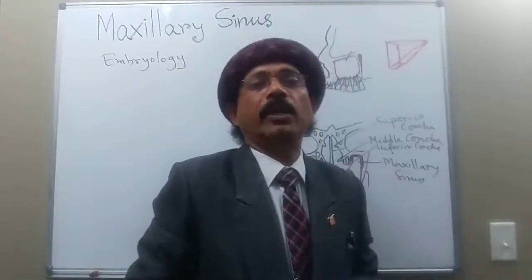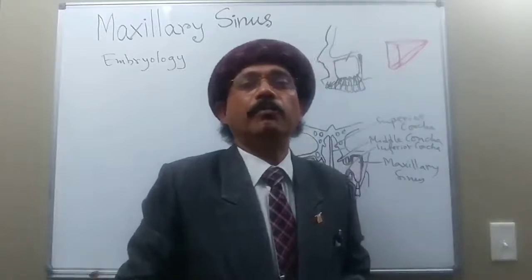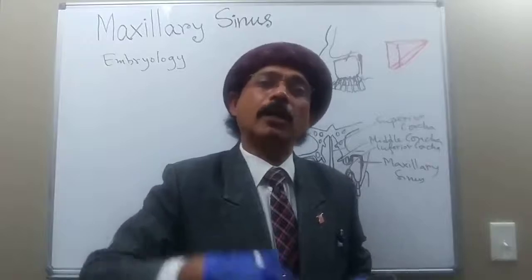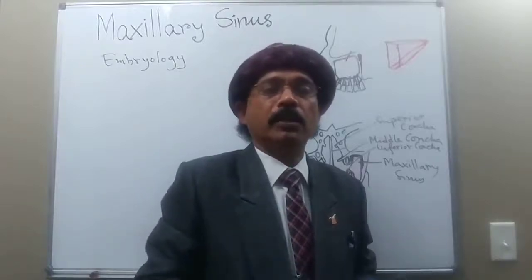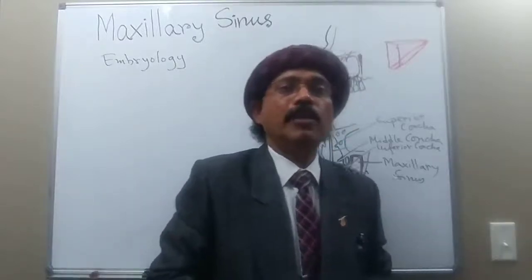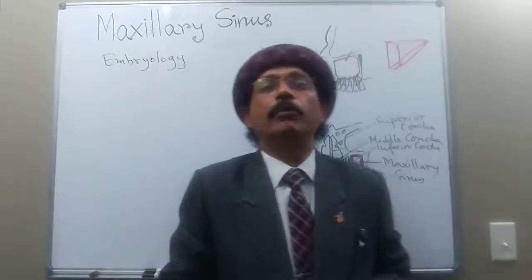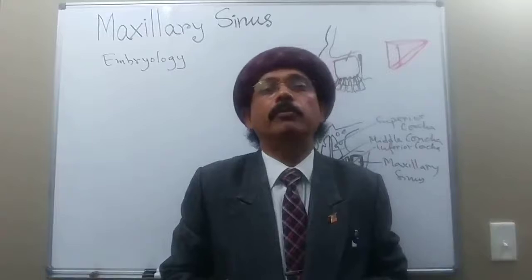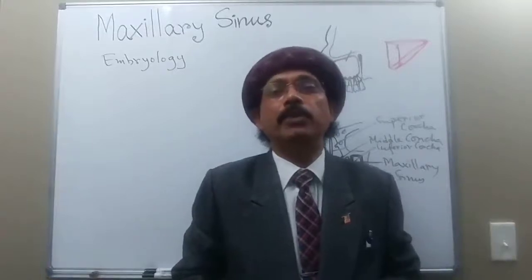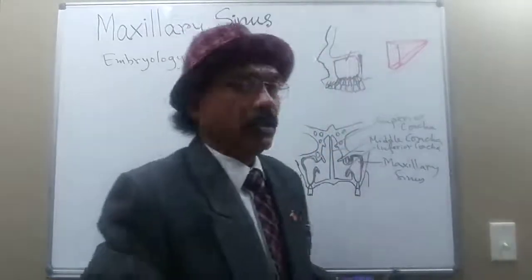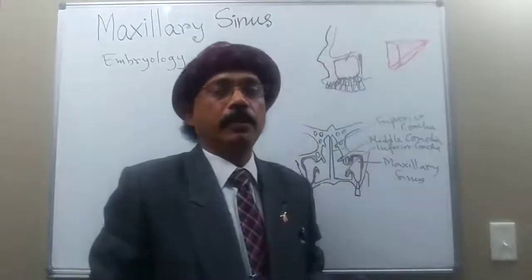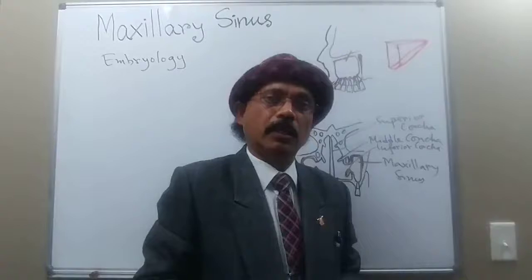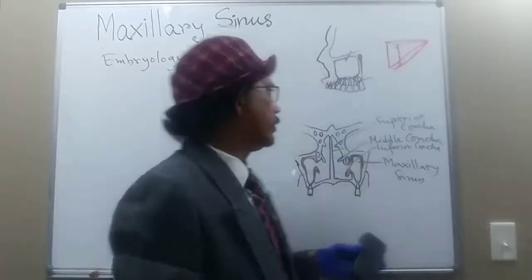Other sinuses like the frontal sinus, ethmoidal sinus, and sphenoidal sinus develop after birth. But the maxillary sinus begins to develop during fetal life, and at birth it may be around 3 to 5 millimeters. It continues to grow and will be completed when all the permanent teeth have erupted.